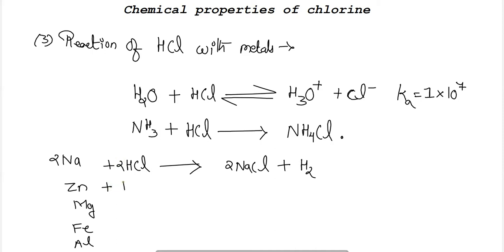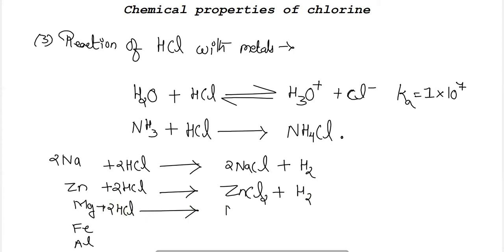When zinc reacts with HCl, it will form ZnCl2, the salt of zinc, that is zinc chloride, and H2 will be released. Similarly, when reacted with magnesium, HCl will produce magnesium chloride and H2 will be released. Iron will produce FeCl2, ferrous chloride, and H2 will be released.